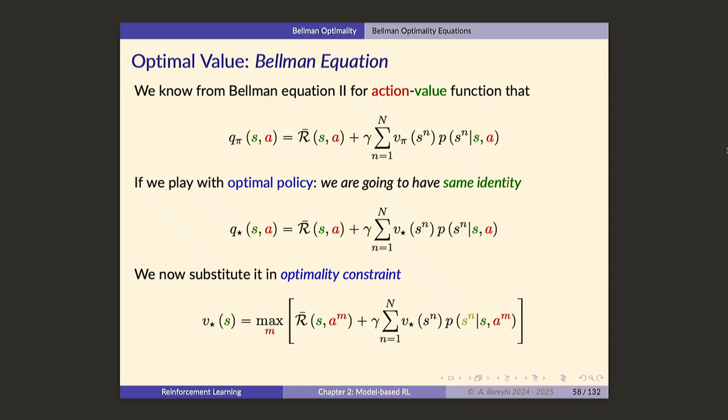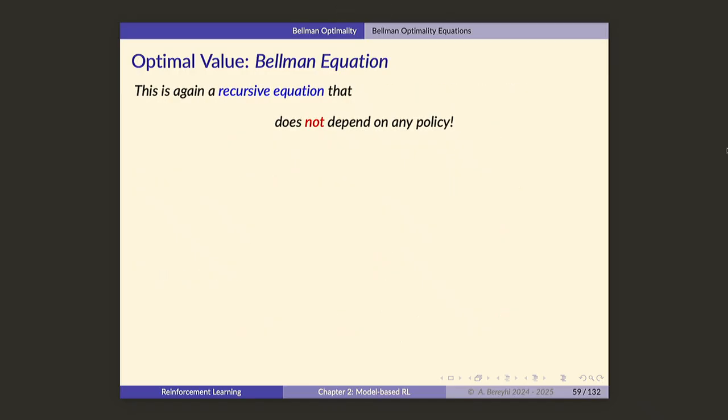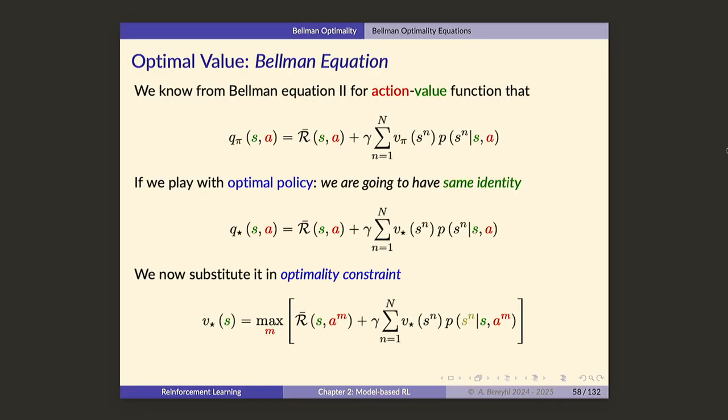This is what we call the optimality Bellman constraint. So you essentially do not need to know the optimal policy in order to find the optimal value, because when you put it inside this equation, policy shows up nowhere. This means that the optimal value at every single state depends on the other states through this equation.